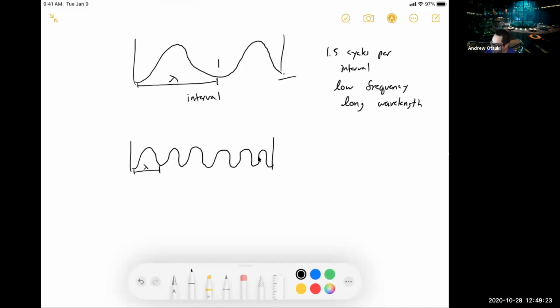In my time interval I count about 6 cycles. Now I have a high frequency and a short wavelength.